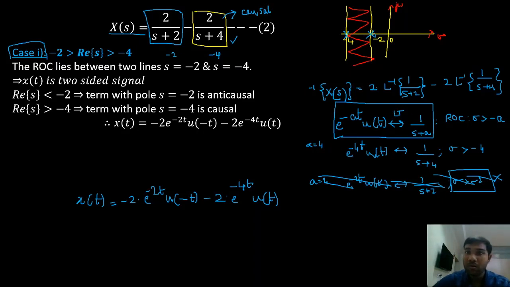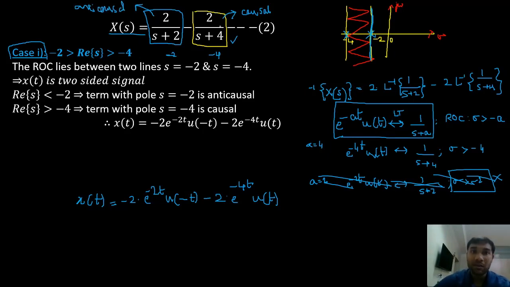Now, if you look at the other term, it has a pole of minus 2, and my ROC is towards the left of the pole. ROC is towards the left of minus 2. So since it is left of minus 2, this signal is going to be a left-sided signal or anti-causal.